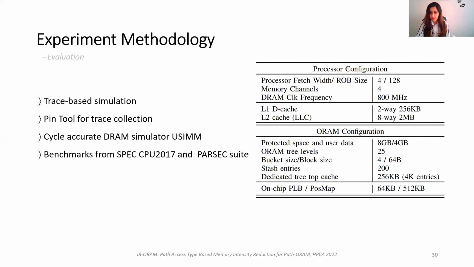We protect 4 gigabytes of user data in an 8 gigabyte ORAM tree with 25 levels and 4 slots per bucket. Blocks are 64-byte cache lines, and the stash has 200 entries, and we cache the treetop 10 levels. We have a 64 kilobyte PLB and a 512 kilobyte on-chip position map.